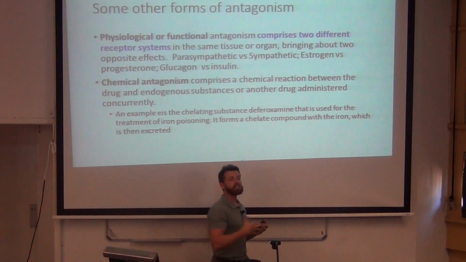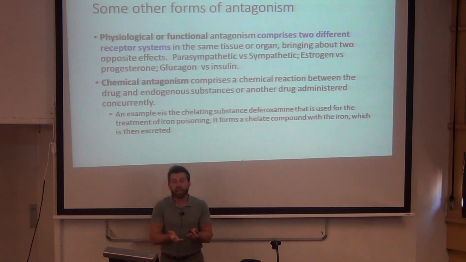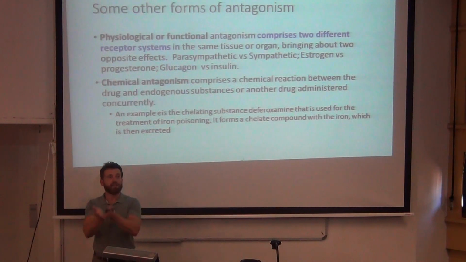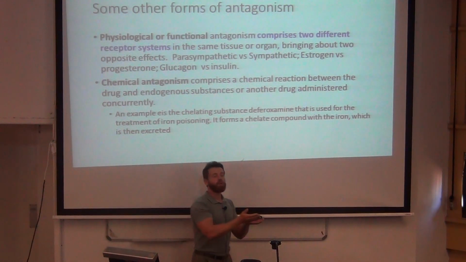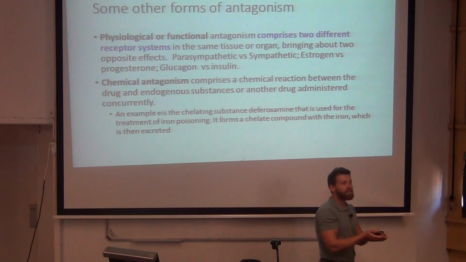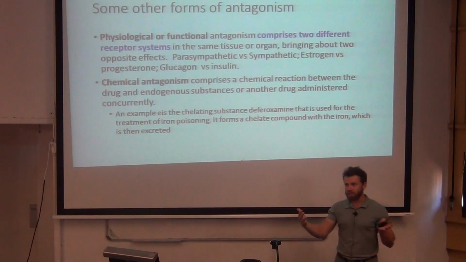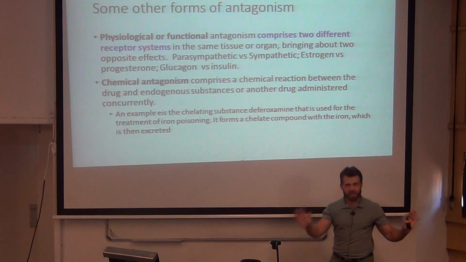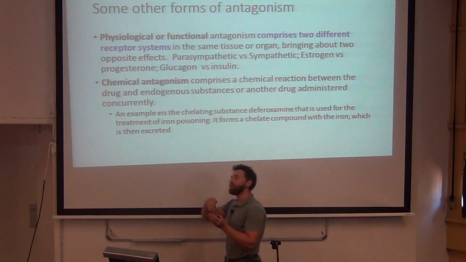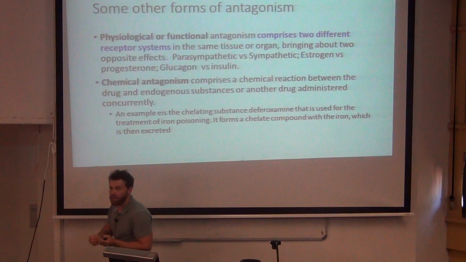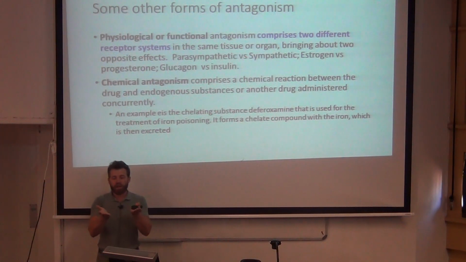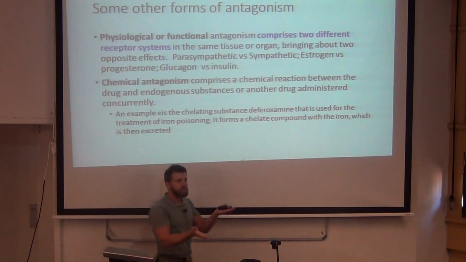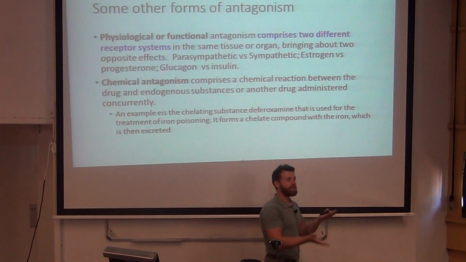Then your body would try and salvage glucose from everywhere to increase the glucose level in your blood. That's the effect. On the other side, on a completely different receptor system, your body has insulin. So insulin your body would release under normal circumstances. Don't think about diabetes, just think about normal circumstances. Your body would release a lot of insulin to decrease the blood sugar levels, to take the glucose and store it in the muscle. So they are working on different receptor systems and they have opposing effects.